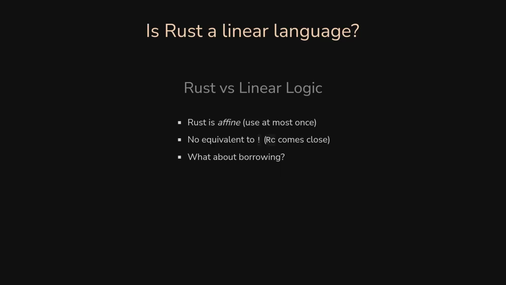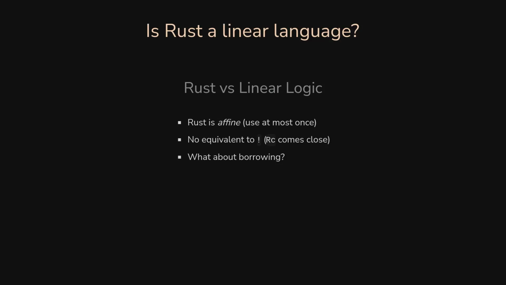So in that respect, this part of Rust, let's say this subsystem, is really close to linear logic. If there are experts in the room, it's not entirely true because there's no bang. But anyway, it's not exactly the same because we can still drop something in Rust. You don't have to call a function on it. You could just not use it. So it's called affine, but it's just a variant of linear logic.